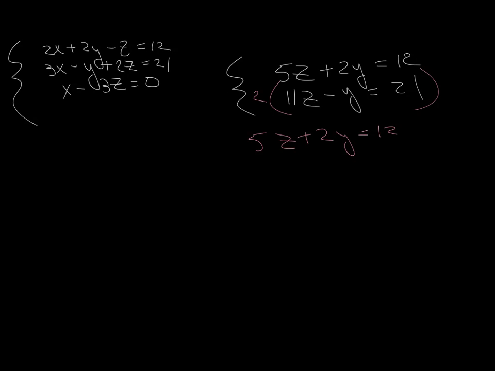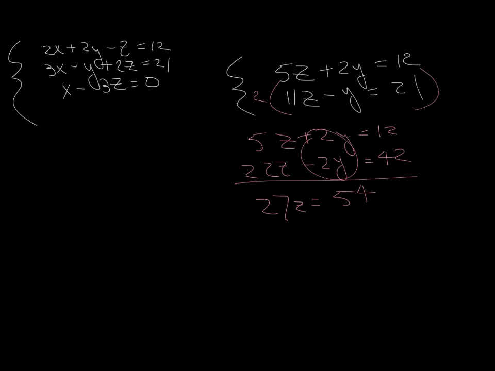That stayed the same. 22z minus 2y equals 42. Add those together, those go away, and we have 27z equals 54, so z equals 2.